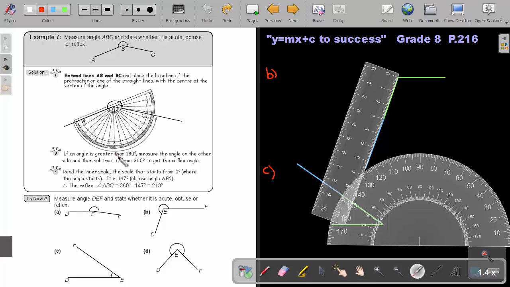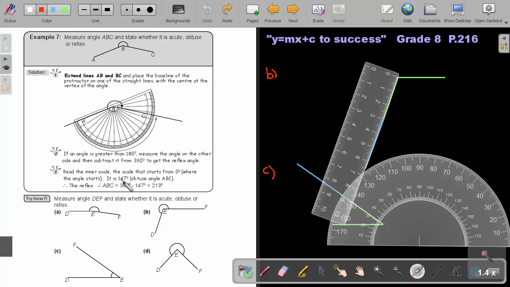If an angle is greater than 180, measure the angle on the other side. This is the angle on the other side. Then subtract it from a revolution, which is 360, to get the reflex angle. Read the inner scale, the scale that starts with 0. Make sure that you are looking at the scale that starts with 0, and read it from there.